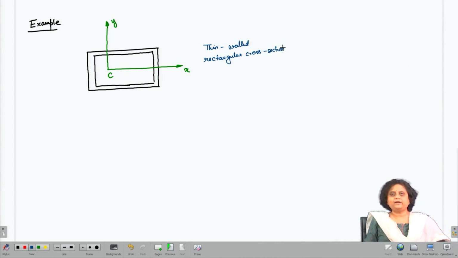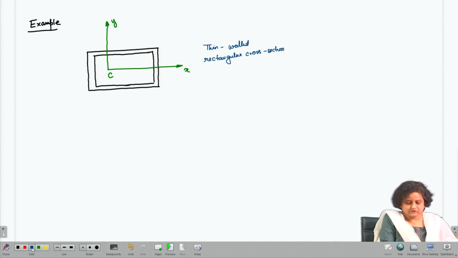So, the dimensions are given in this form. This is the centroid.